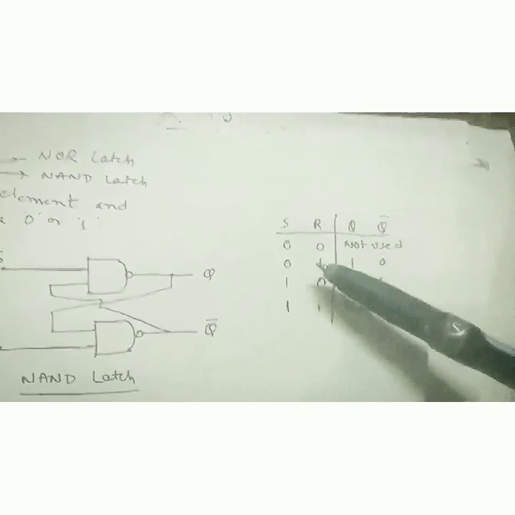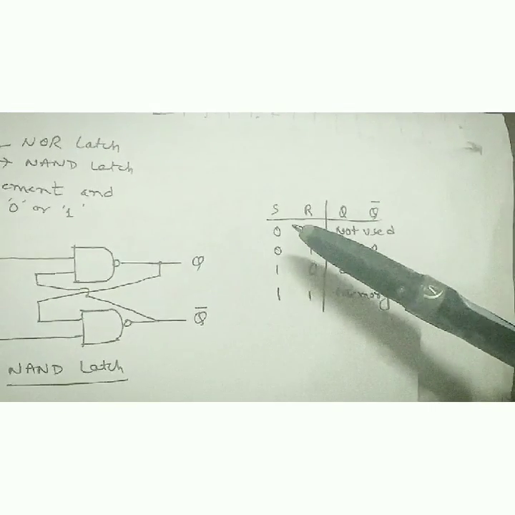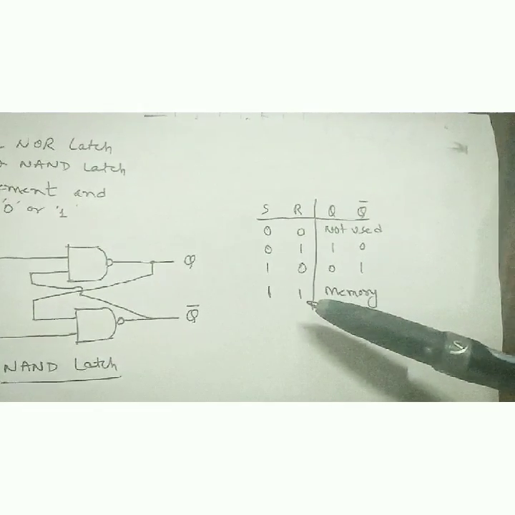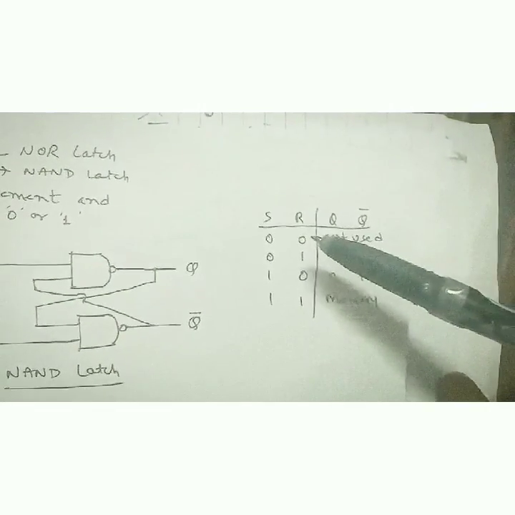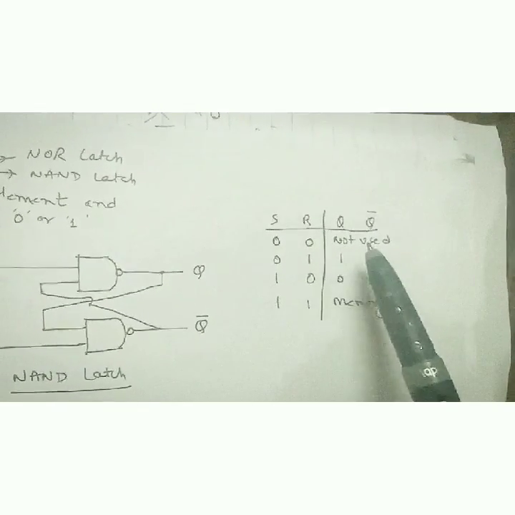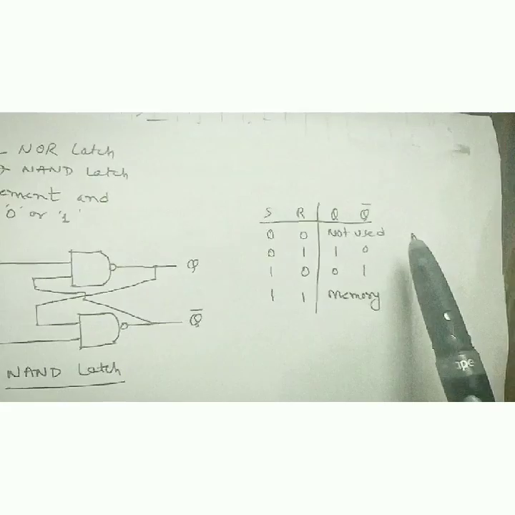That is, in the NOR latch, 1 1 was the state which was invalid, but in the NAND latch, 0 0 is the state which is not used, or it is known as invalid state.